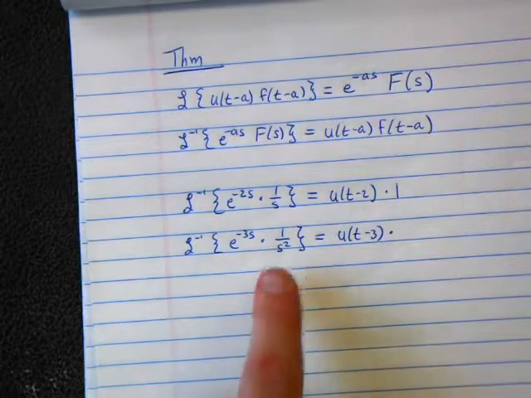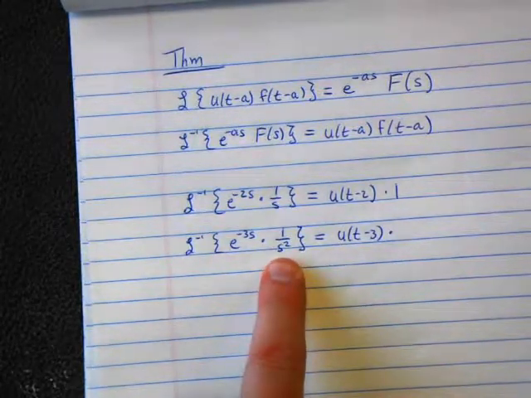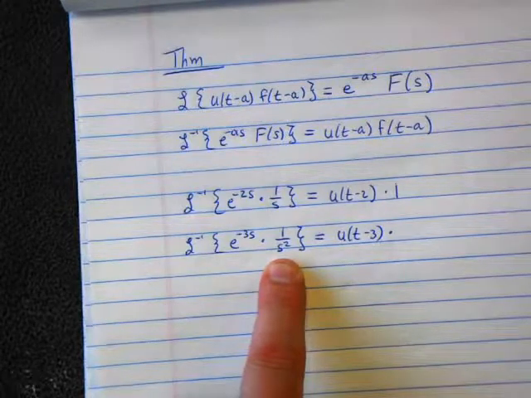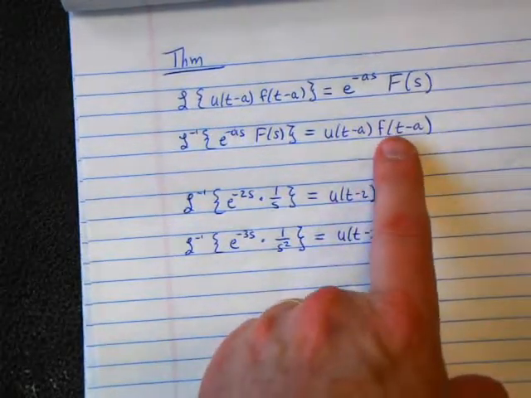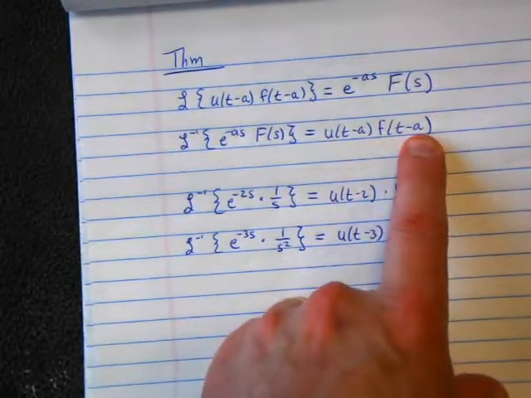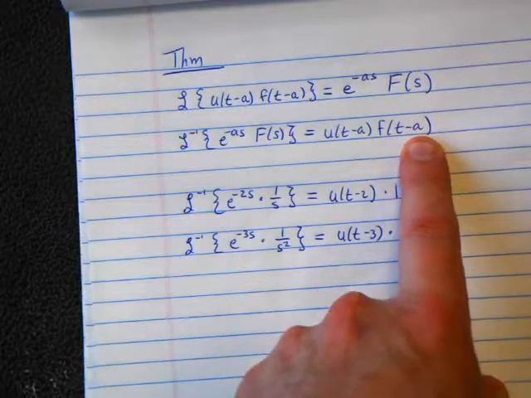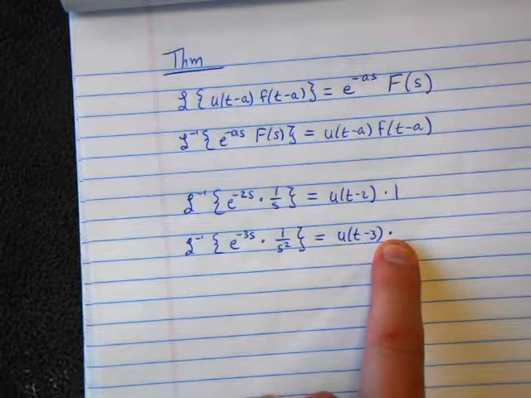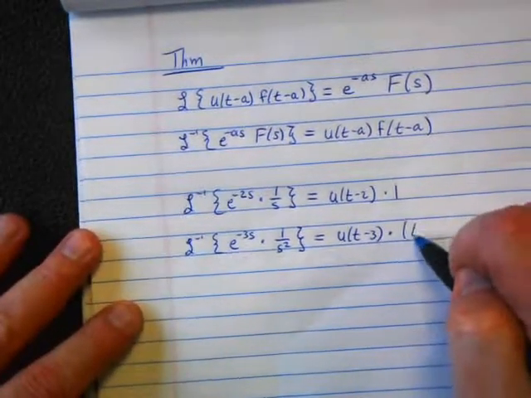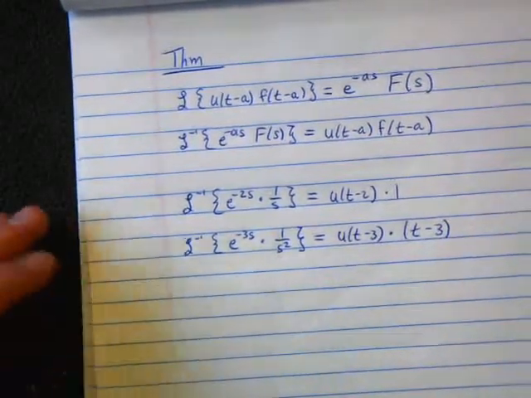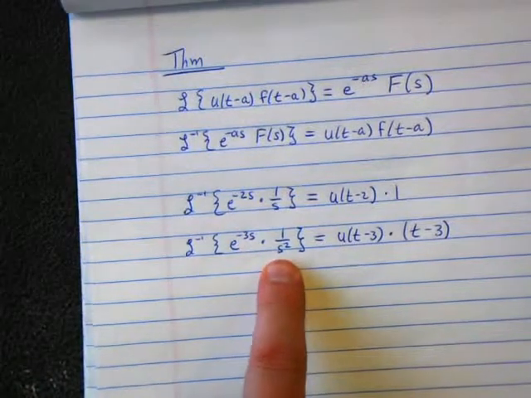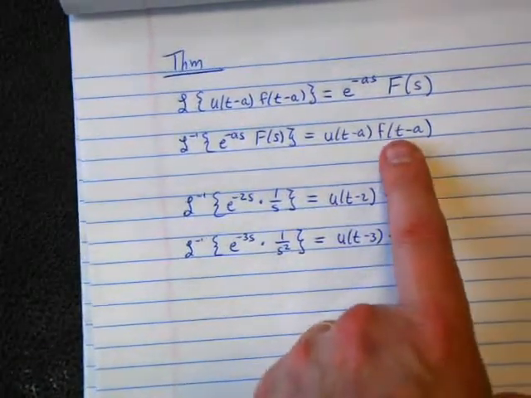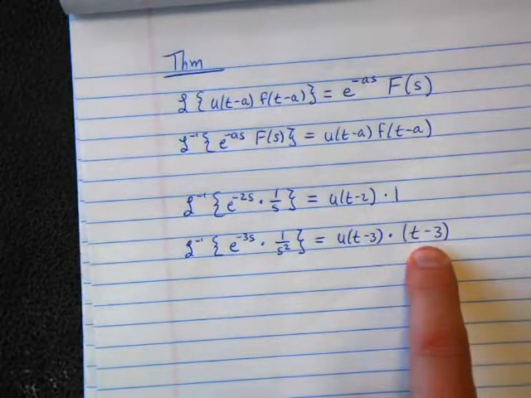The inverse Laplace transform of 1 over s squared is t, but I need f at t minus a, where a is the number, in this case 3. So I don't want t, I need t minus 3.